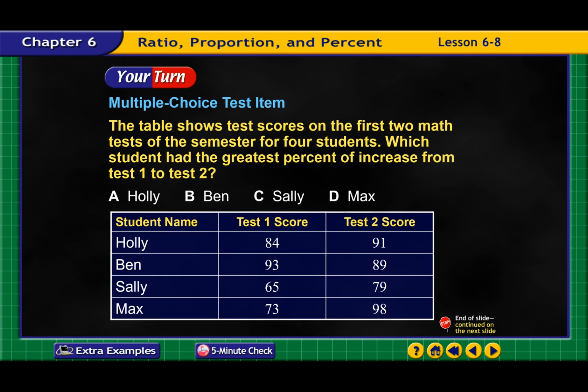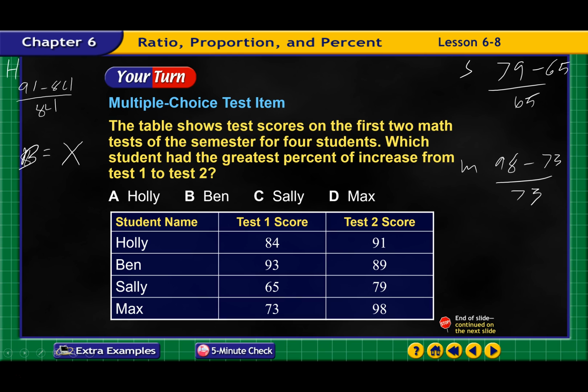All right, you give it a try. Go. All right, in the interest of time, I sped it up a little bit here. So 91 minus 84 over 84, if you punch that into your calculator, it comes out to 0.083 or 8.3%. So 79 minus 65 equals 14.